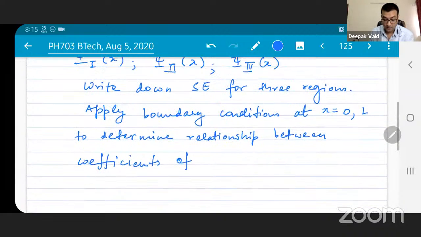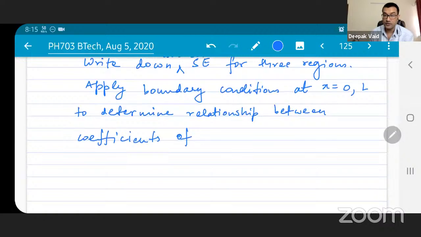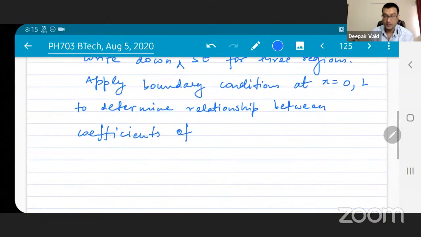So you can write down and also solve. Once you have the Schrodinger equation, you can write down the general solution, and find the relationship between the coefficients of the three solutions.